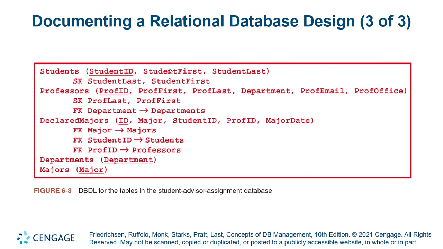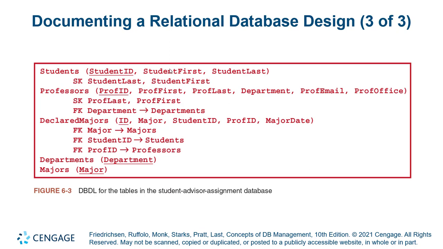If you remember back to shorthand notation, we would identify our foreign keys by having them in italics. In this expanded view, in DBDL, database design language, we're actually going to write out the foreign key and identify it with FK, meaning that it's the foreign key.